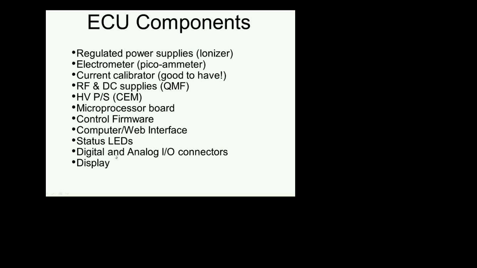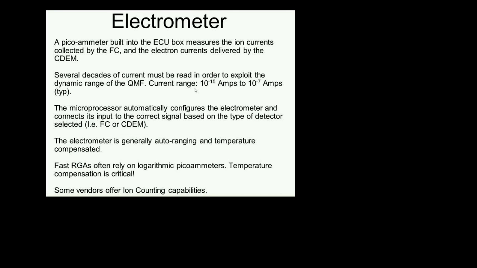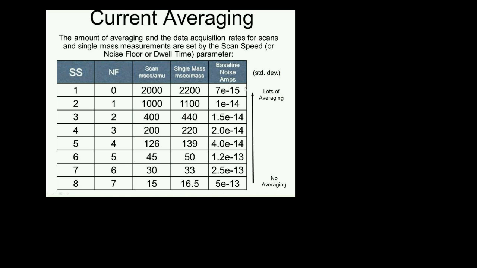There is a lot of electronics in the ECU, anywhere from power supplies to control biases to an electrometer, RF and DC power supplies. Perhaps the most critical component is the electrometer in it, which has a very tall order of measuring currents anywhere from 10 to the minus 15 to 10 to the minus 7 amps.